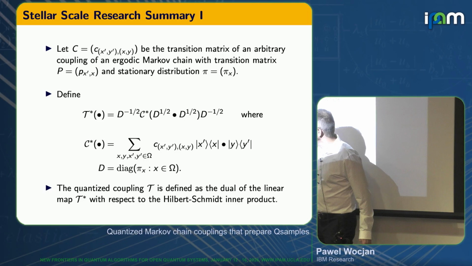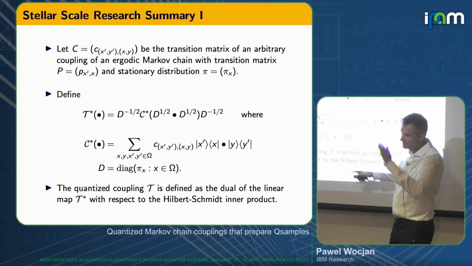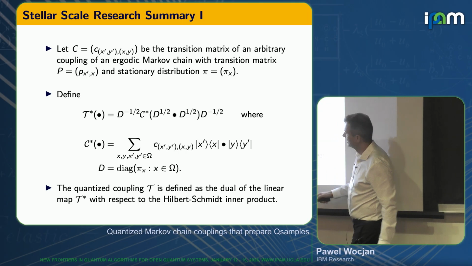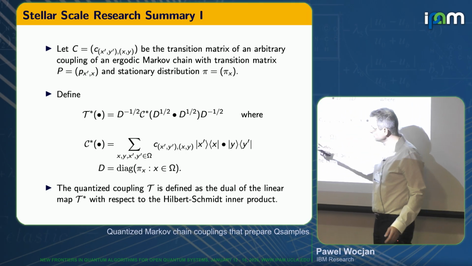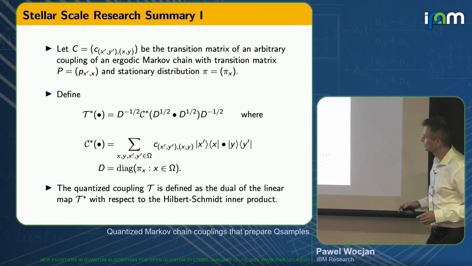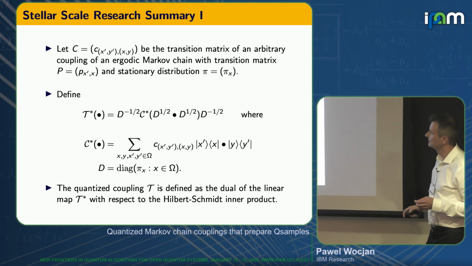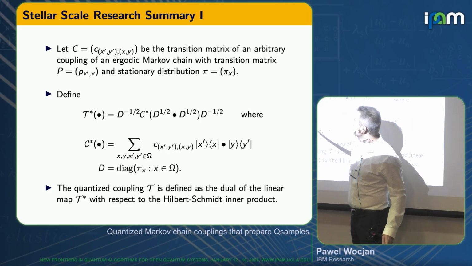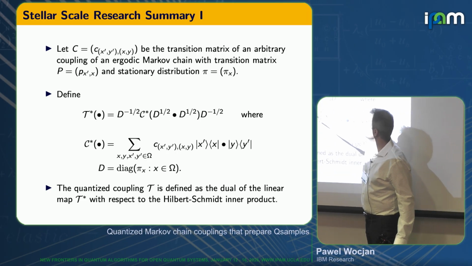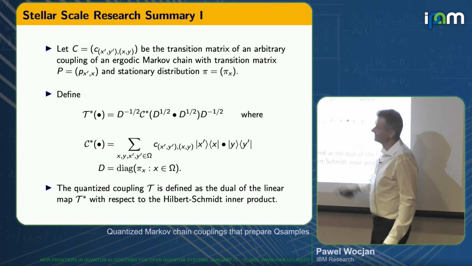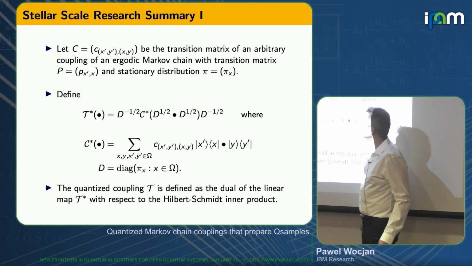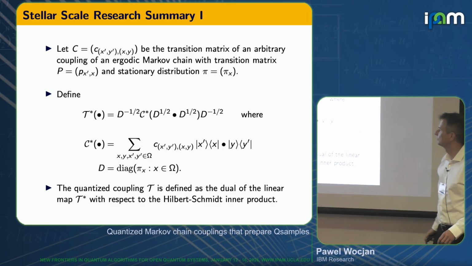So D is a diagonal matrix, and along the diagonal we just write down the entries of the stationary distribution. So you have a super operator T star, and before you apply this super operator, you hit whatever with the square root of D from the left and right.